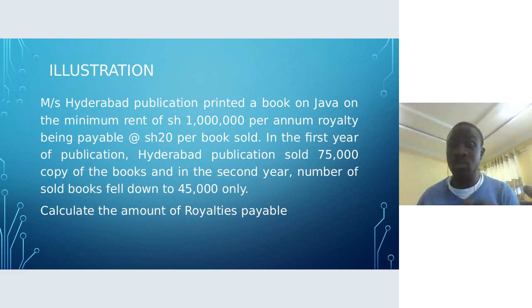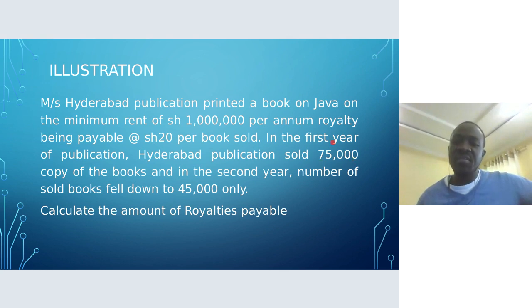Now to solve this, first of all, we have to work out the amount that is due based on the output. Like now in year one, the publisher sold 75,000 books.